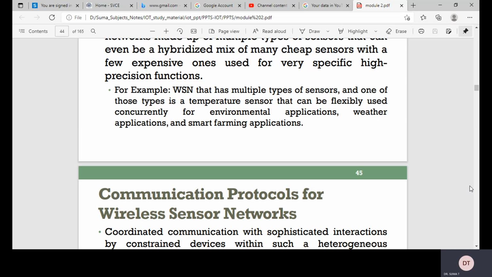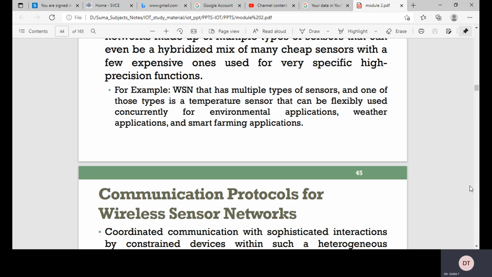This heterogeneity is manifested in a variety of ways. For example, WSNs are seeing transitions from homogeneous wireless networks made up of mostly a single type of sensor to networks made up of multiple types of sensors, or even a hybridized mix of many cheap sensors with a few expensive ones used for very specific high precision functions.